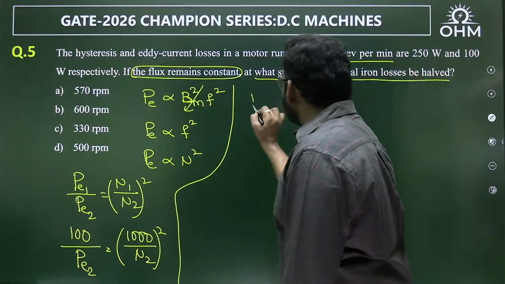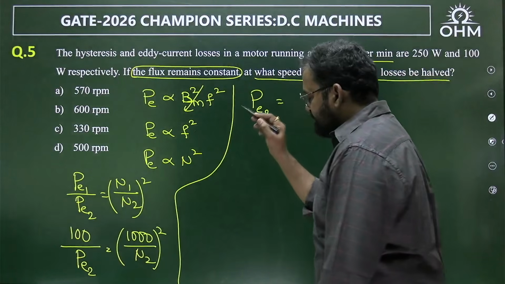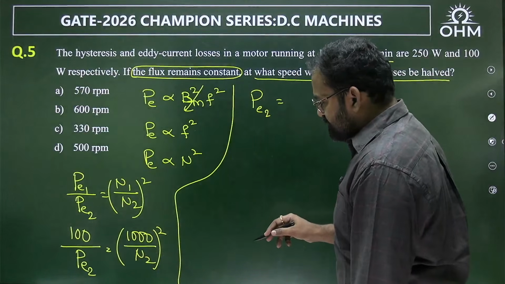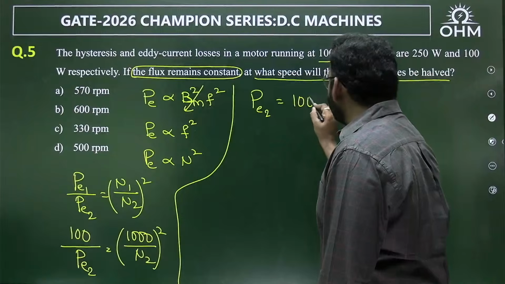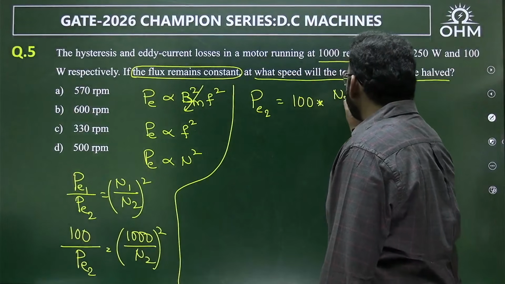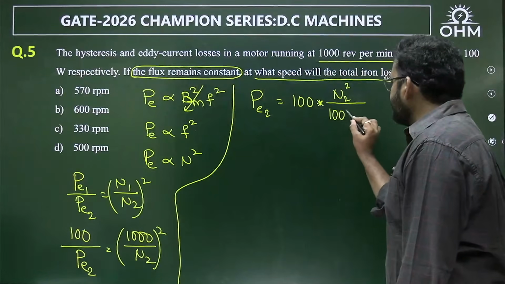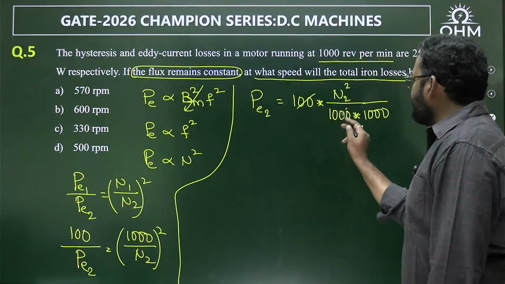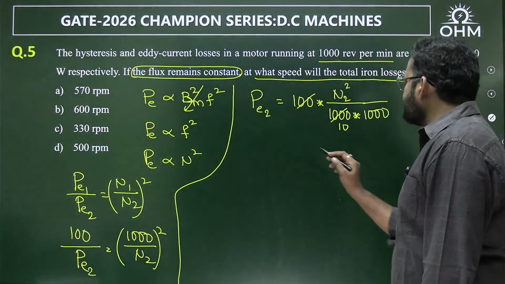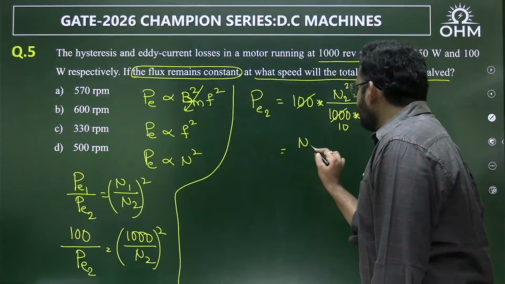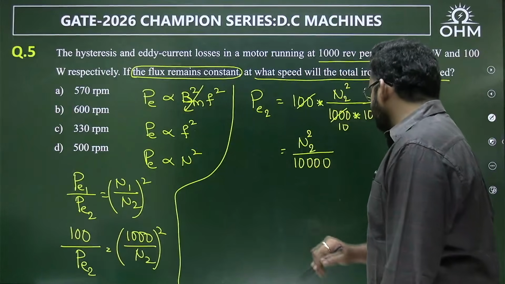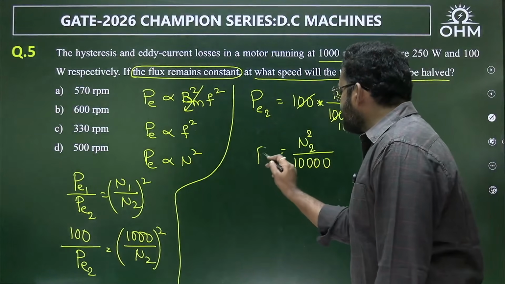If I cross multiply, N2 square will come. It will be 100 into N2 square divided by 1000 square, that is 1000 into 1000. 100 will cancel 10 times, it is 10,000. So it is N2 square divided by 10,000. This is the new eddy current loss.